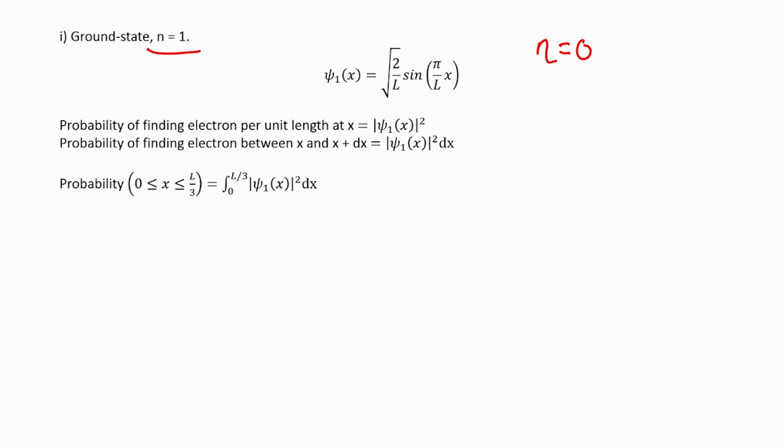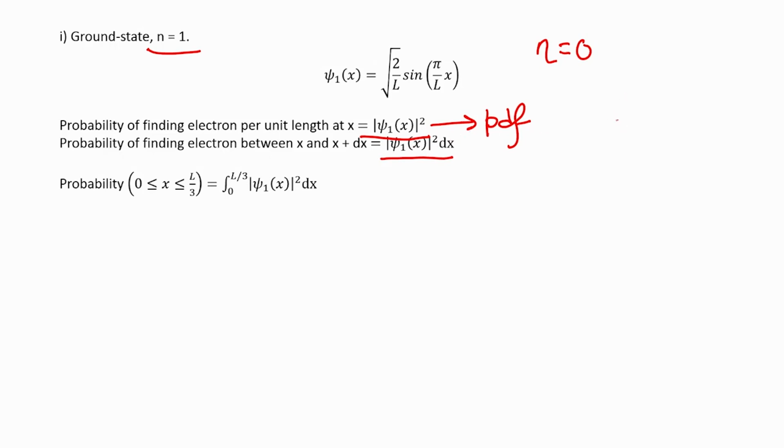Now the probability of finding the electron per unit length at x is given by modulus of psi 1 of x whole square, and this is nothing but your PDF, probability density function. So the probability of finding the electron between x and x plus dx will be given by mod psi 1 of x whole square into dx, that is the PDF into dx.